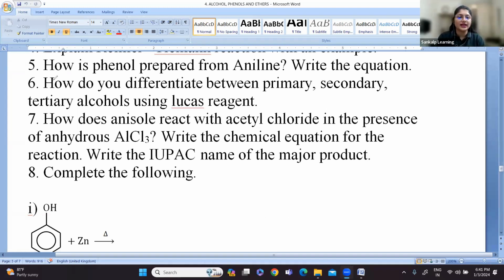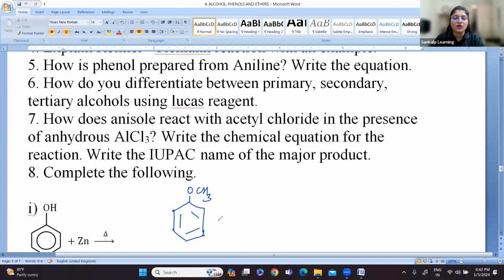What is anisole? Somebody has answered. Benzene. Yes, good. Vedvati, good. So it is a benzene ring with OCH3.